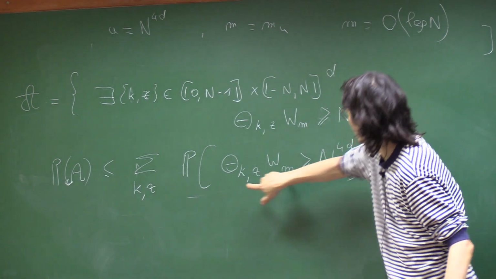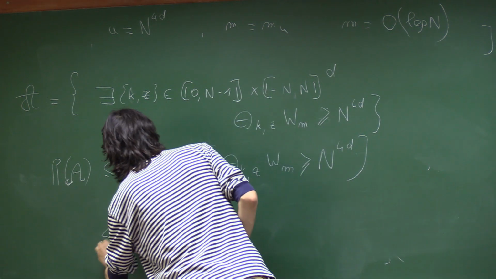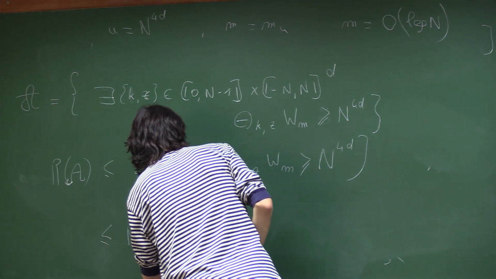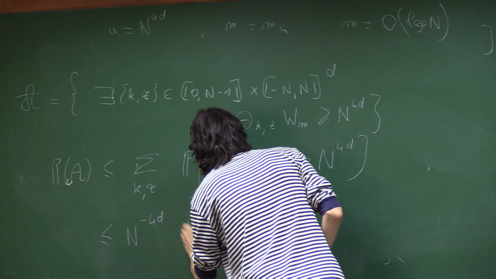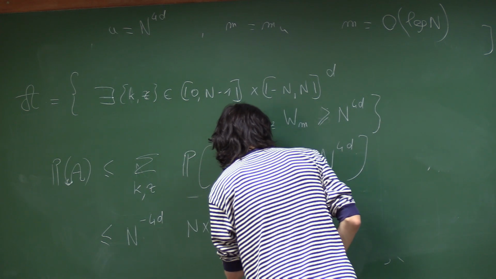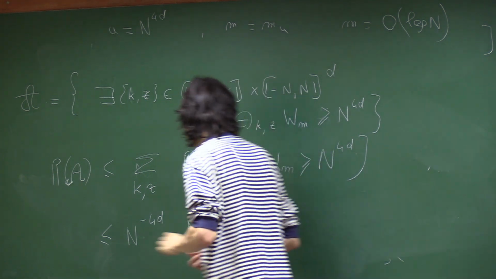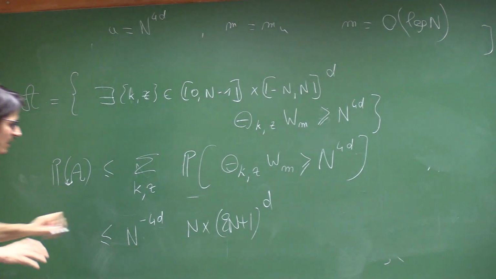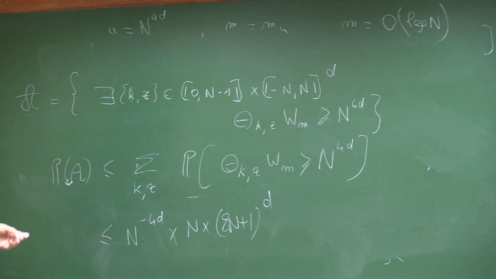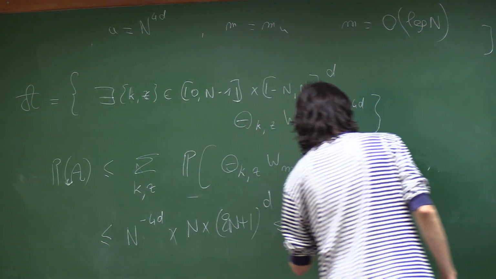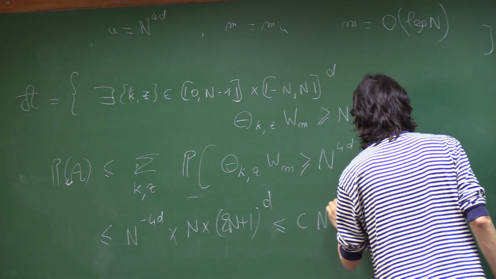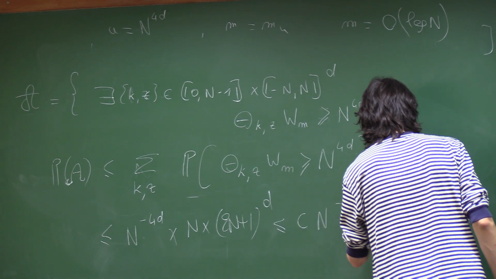This has expectation 1, so this is smaller than n to the minus 4d. And then I have n times 2n plus 1 to the d. This decays like n to the power minus 3d plus 1.